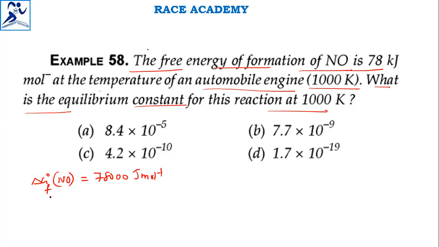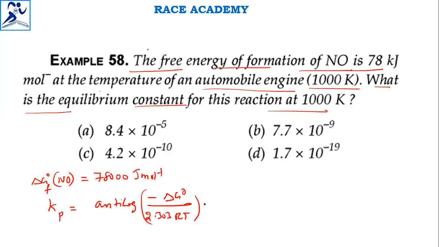And we know the expression for the equilibrium constant Kp is equal to antilog of minus delta G naught by 2.303 RT.